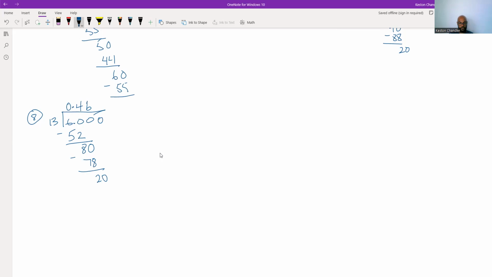13 could go into this, and that'll give me 1. 7, add a 0, bring it down. Into 70 we could use 5, which is 65.